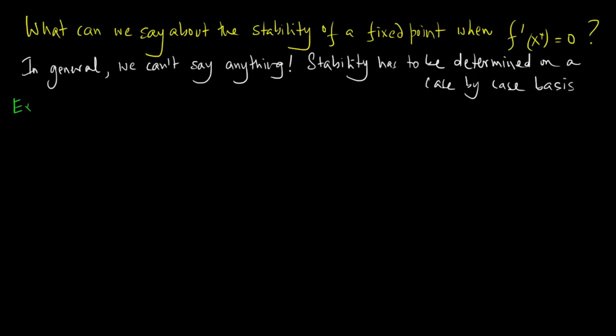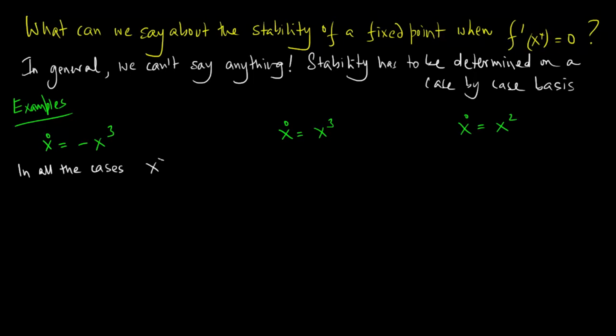Now let's go ahead and consider some examples. x dot is equal to minus x cube, x dot is equal to x cube, and x dot is equal to x squared. In all the cases, x star is equal to 0 and f prime of x star is equal to 0. So now let's go ahead and consider stability in each of these cases.